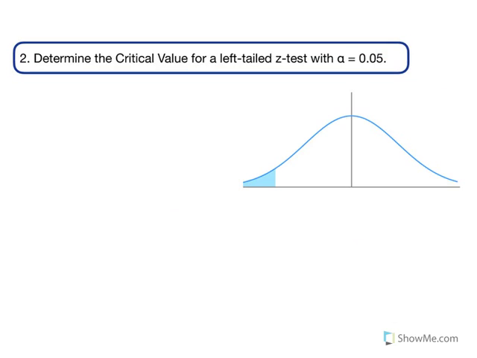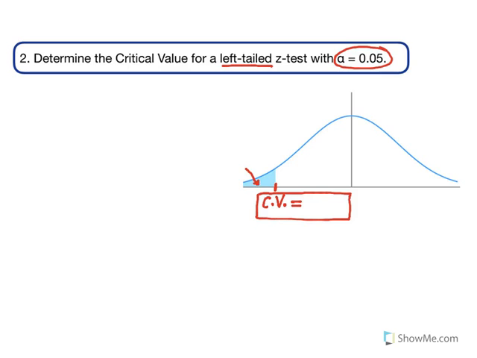So it's exactly the same question, but in this case, it's a left-tailed Z test, and the level of significance, or the area of the rejection region, is 0.05. So again, this is the critical value that we are looking for this left-tailed test. So we will find it.